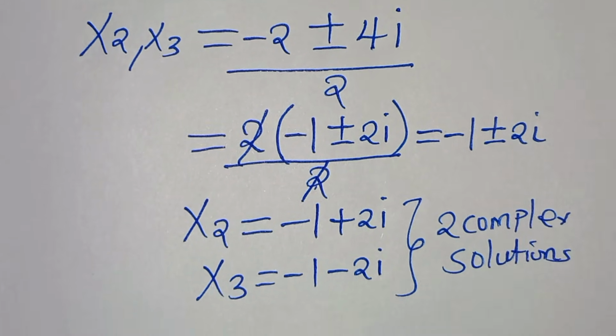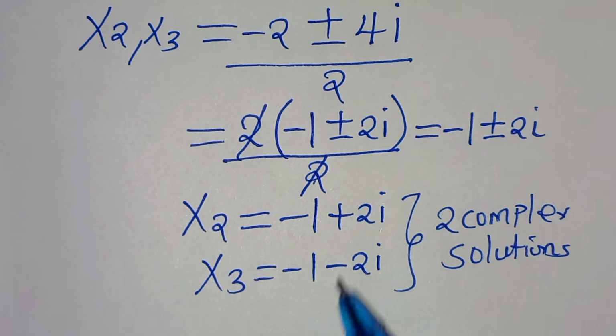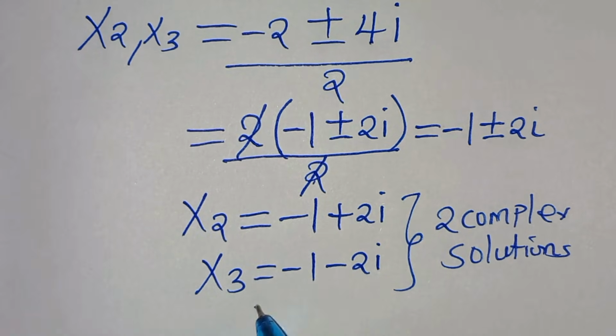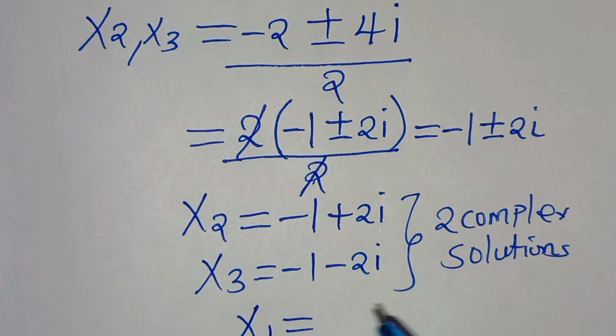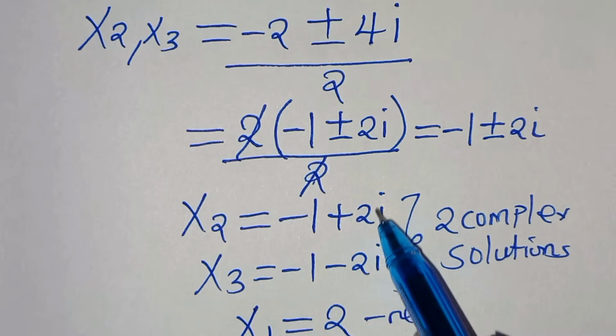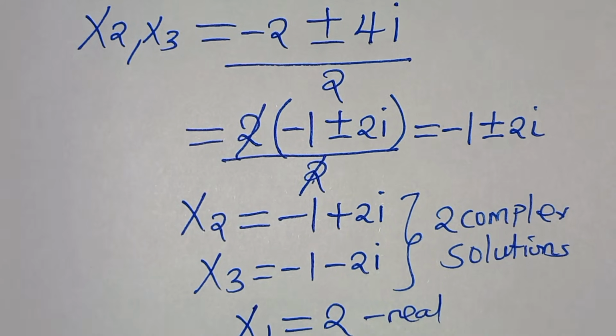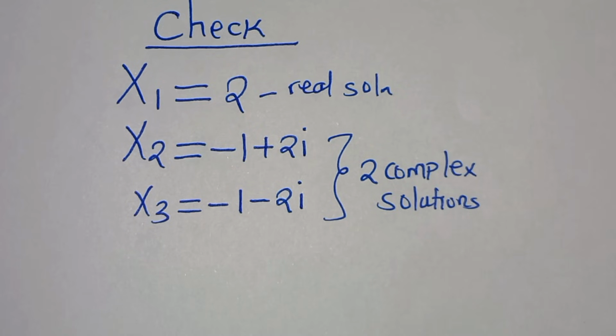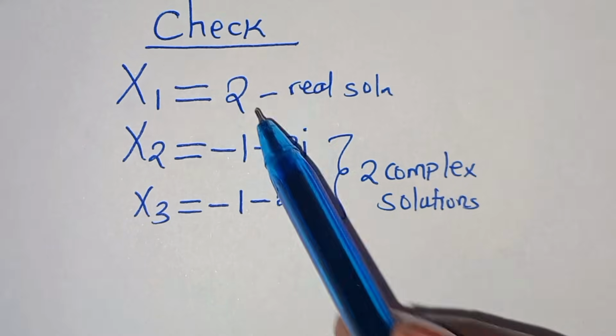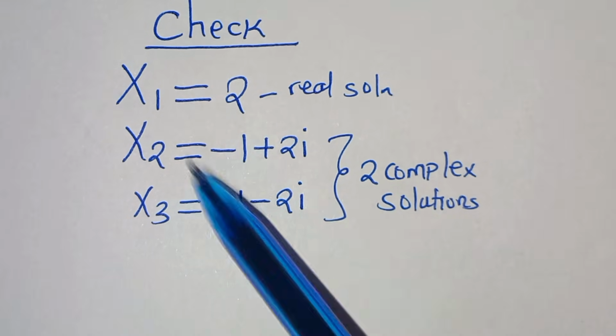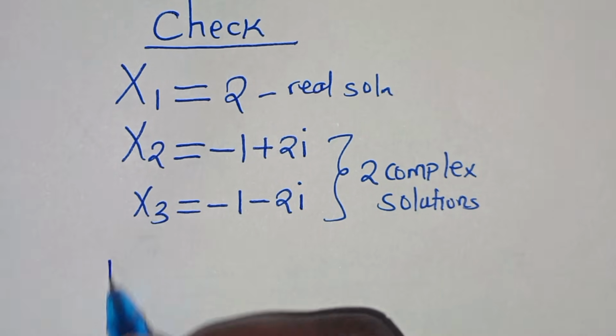So in total, we have 3 solutions. We have 2 complex solutions and 1 real solution, which is equal to 2. Now, let's verify that these 3 solutions satisfy the equation.